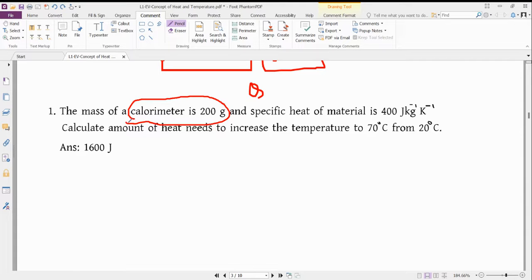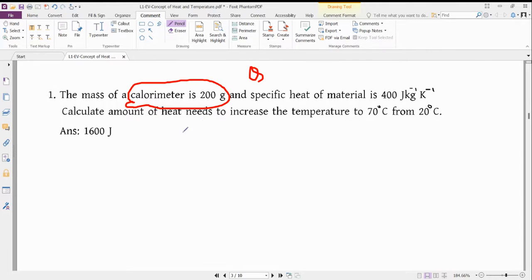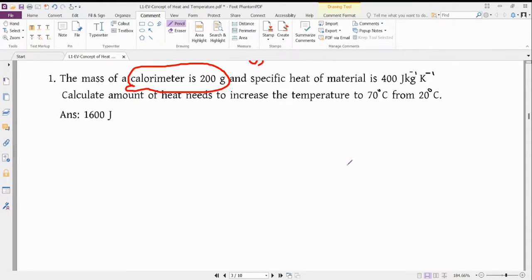By using the instrument, we can determine the temperature of a body. Sorry, the amount of heat transferred from a different body. We can calculate. Okay.